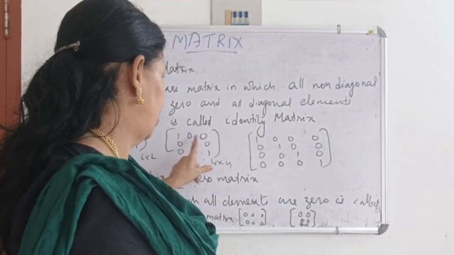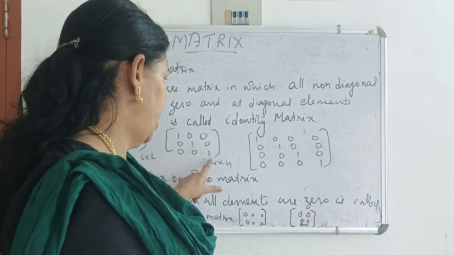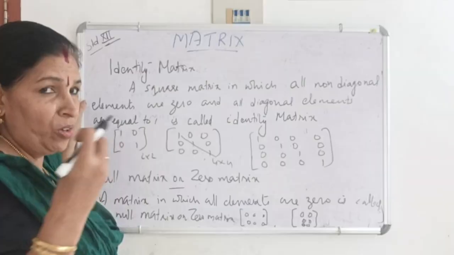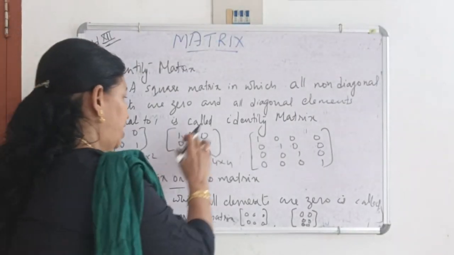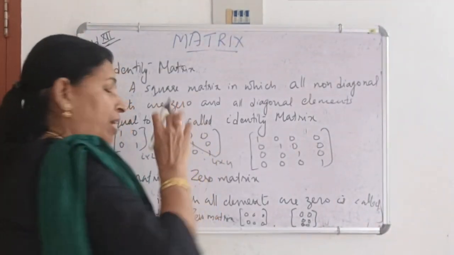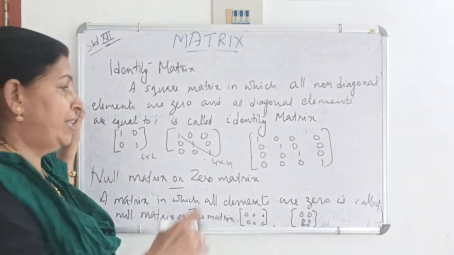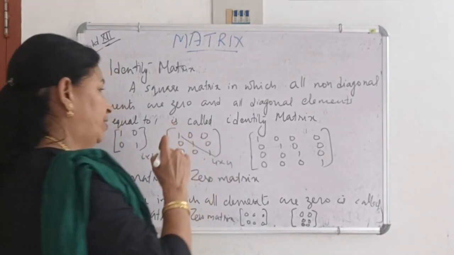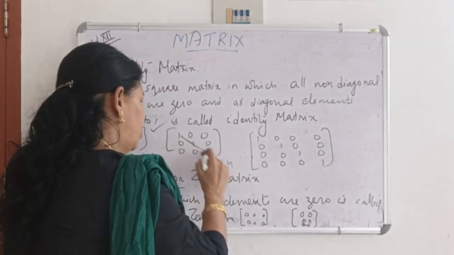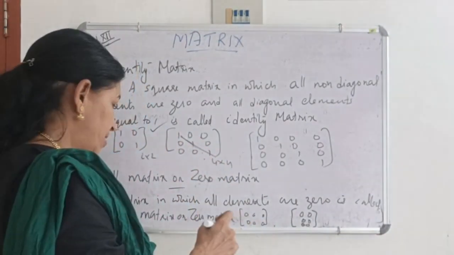Next: 1 0 0, 0 1 0, 0 0 1. All elements except diagonal elements are 0 and diagonal elements are equal to 1. This kind of matrix is known as an identity matrix or unity matrix.